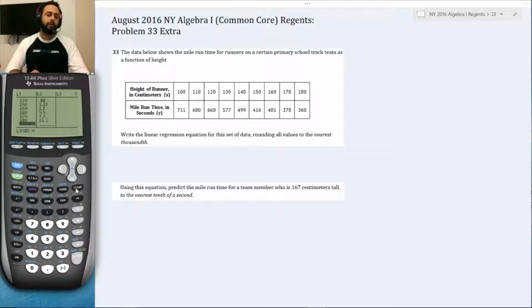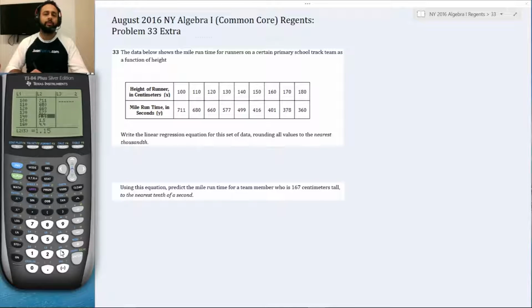Okay, that's good. And then I go to L2 and I type in the numbers that they're given to me. Yes, they do have to be in this order. 711, 680, and they have to be as exact as they're given to me. 660, 577.